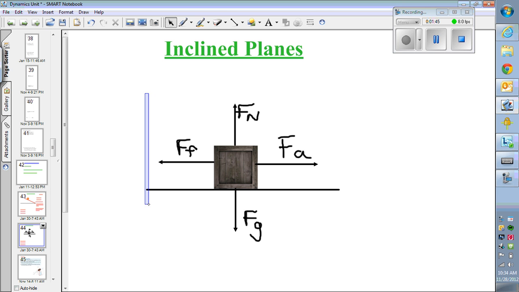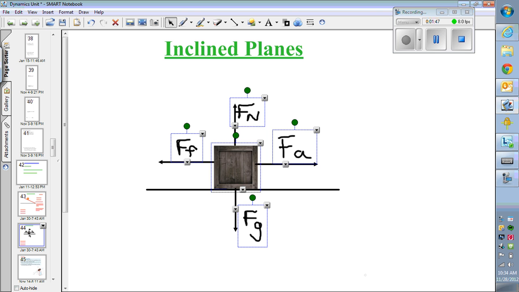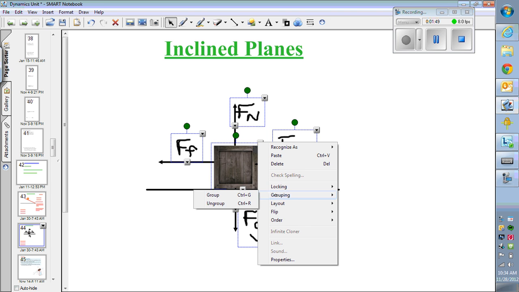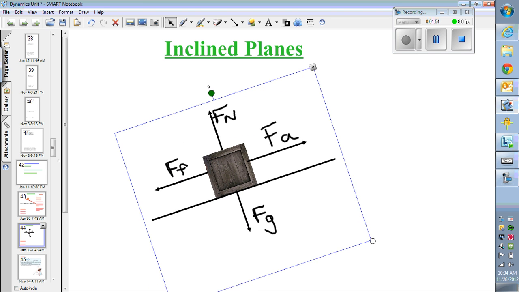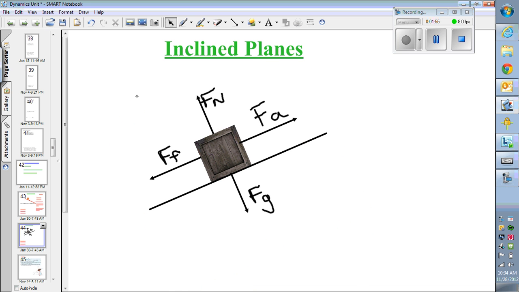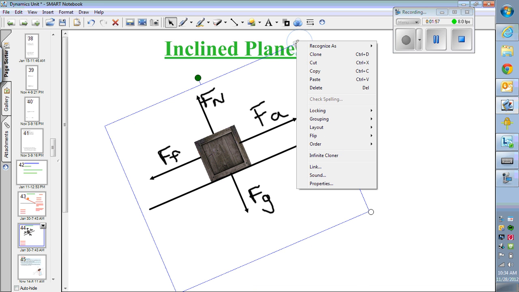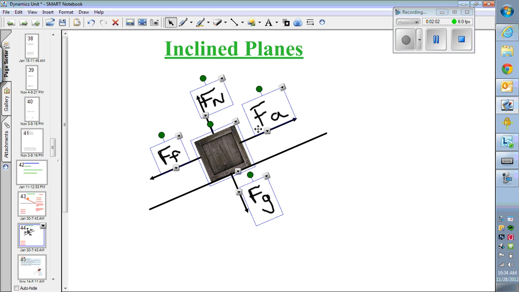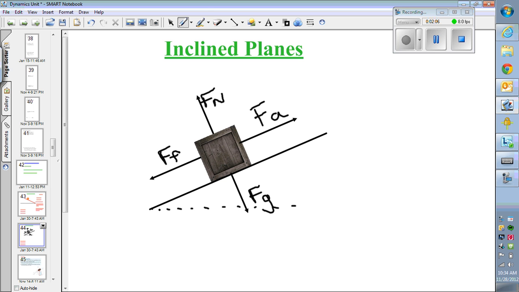Now, something strange happens if we turn this on an angle. If this is sloped ever so slightly, there's a little bit more going on. Say this is at an angle theta, it doesn't matter what it is.